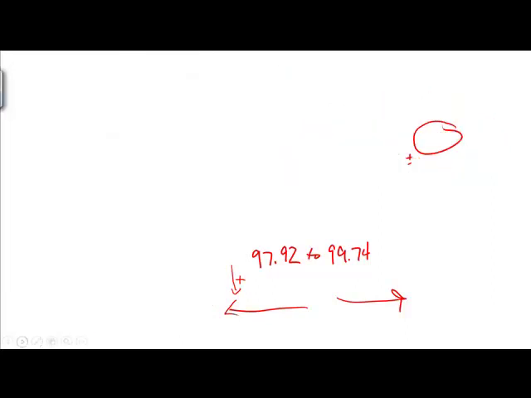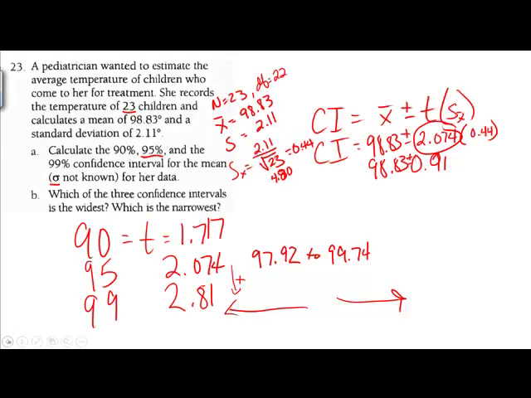Thank goodness, because if I want the most confidence, I'm going to have to make it bigger so that I don't make a mistake. Alright, I'm done for this section.